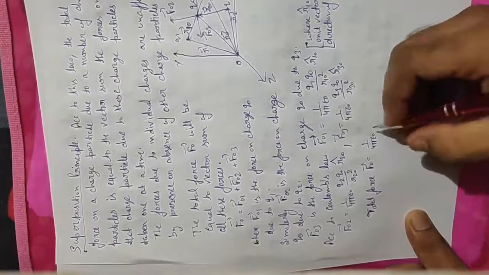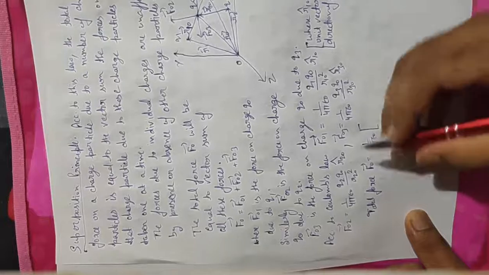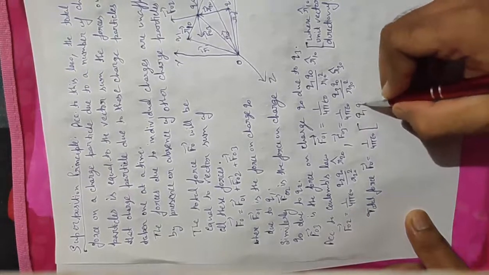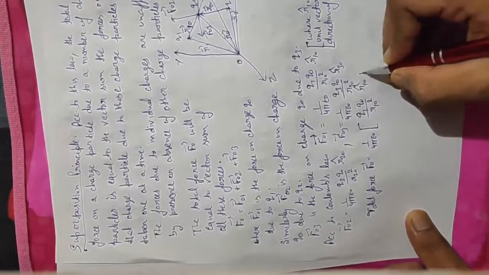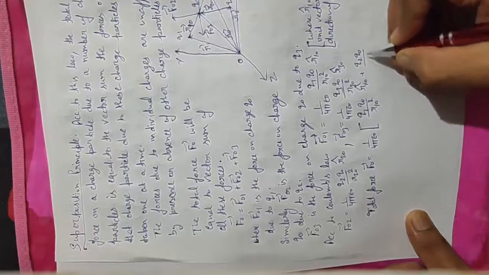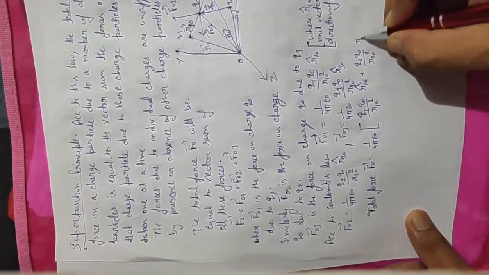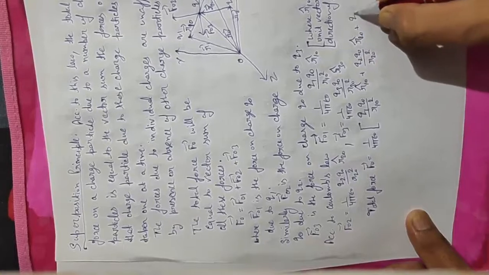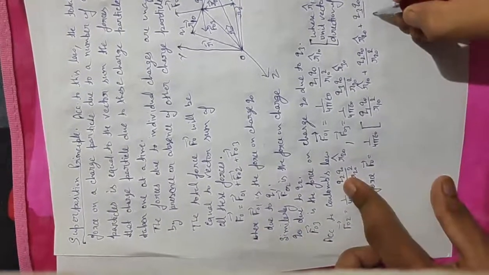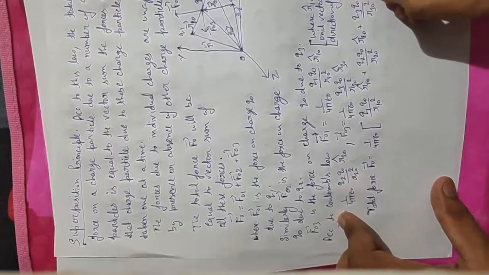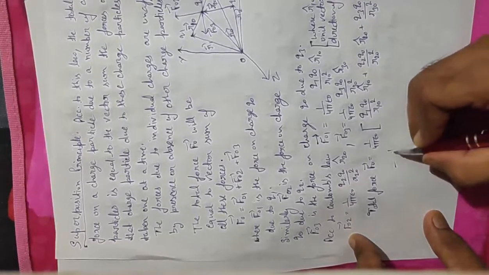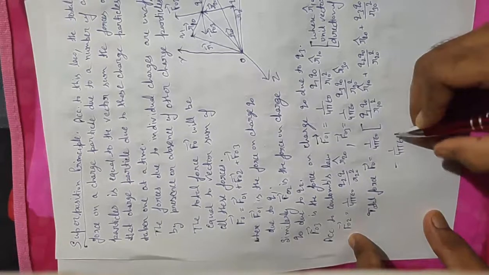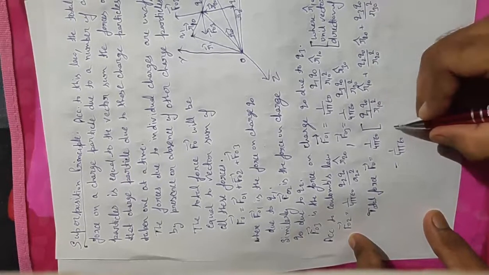We will take this common, writing the remaining terms, that is q1 q naught divided by r1 naught squared r1 naught cap plus q2 q naught divided by r2 naught squared r2 naught cap plus q3 q naught divided by r3 naught squared r3 naught cap. We observe that 1 by 4 pi epsilon naught is common, and q naught is common.